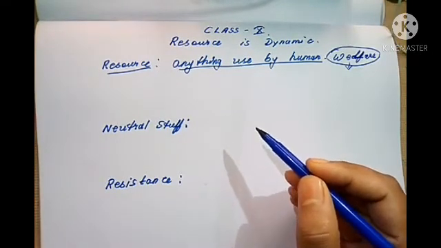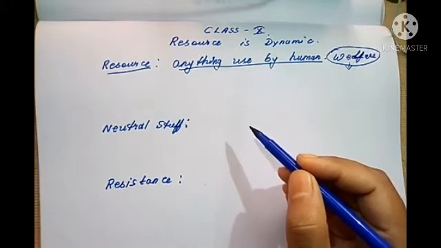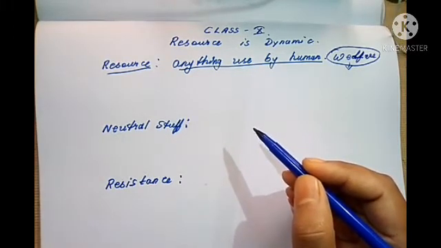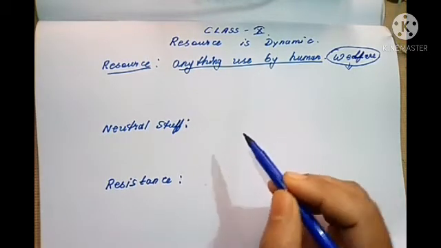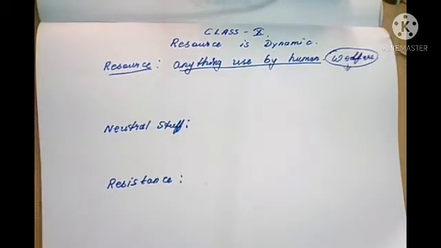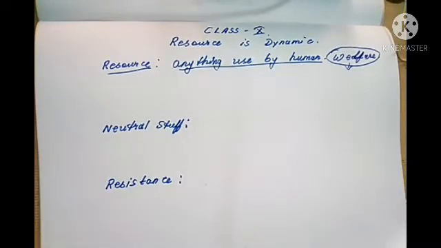Anything which is not used by humans is not a resource. A resource used by one person but not by another is not a resource for the second. For example, people used to smoke.